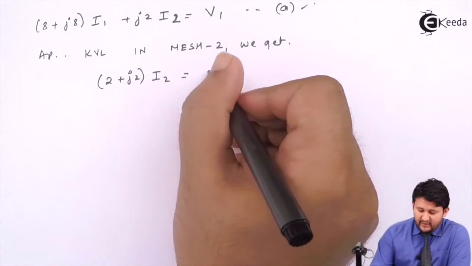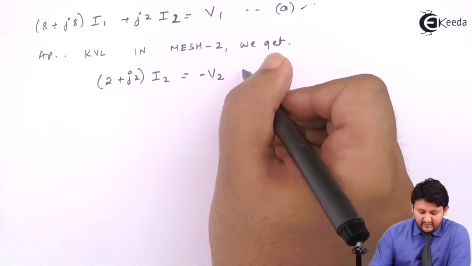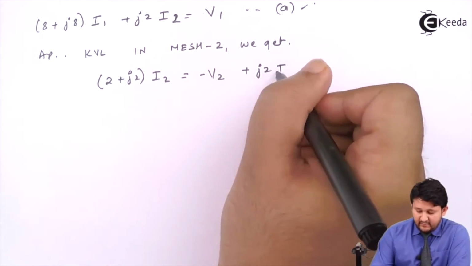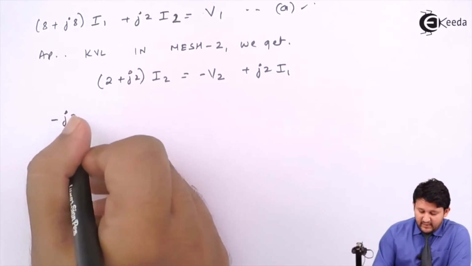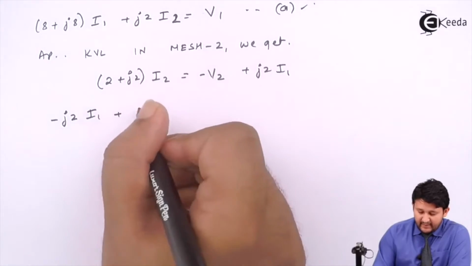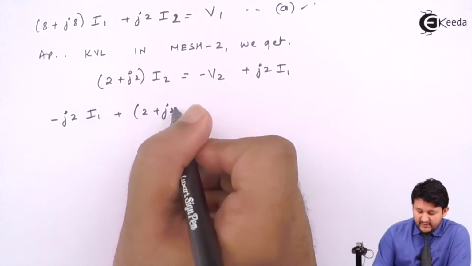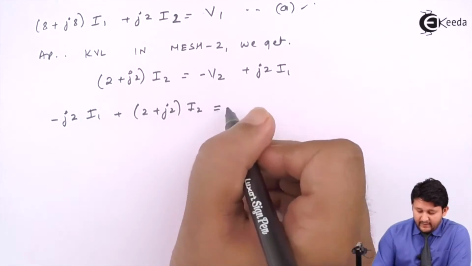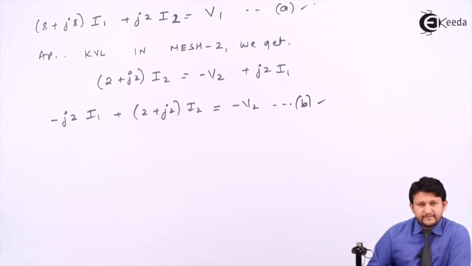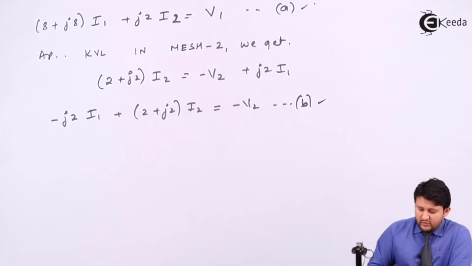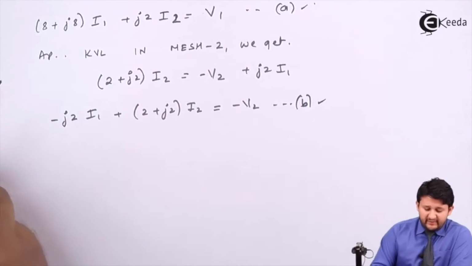If it enters at positive, it is negative; if negative, it is positive. All the unknown currents should be on the LHS. So minus j2 I1 plus 2 plus j2 I2 equal to minus V2. That will be equation number 2.